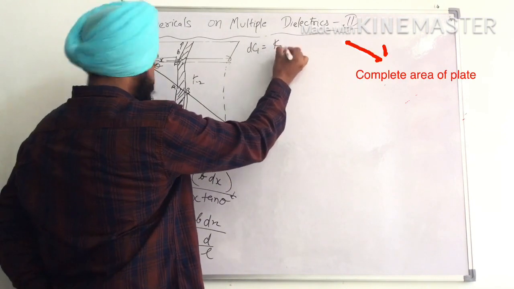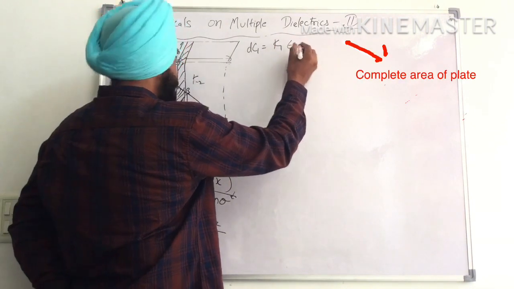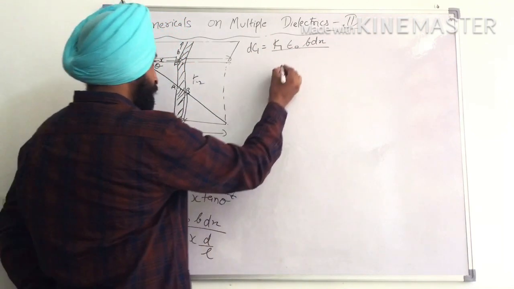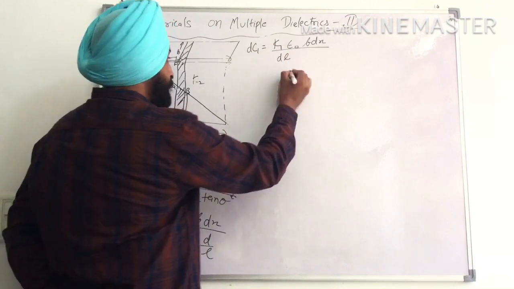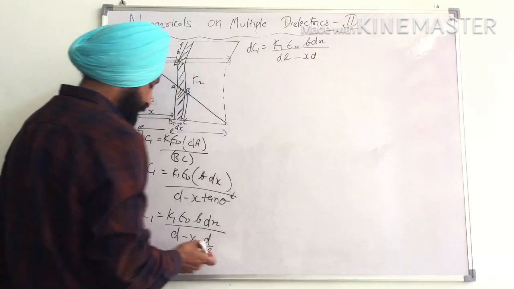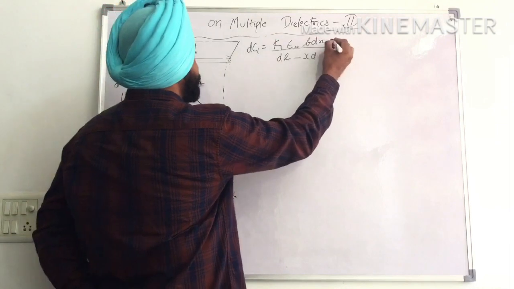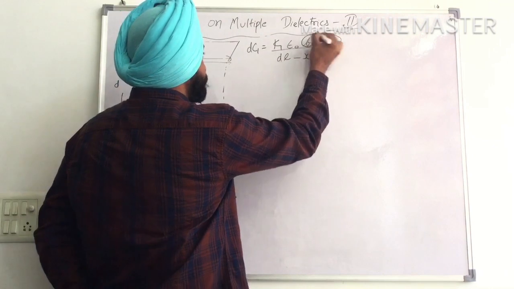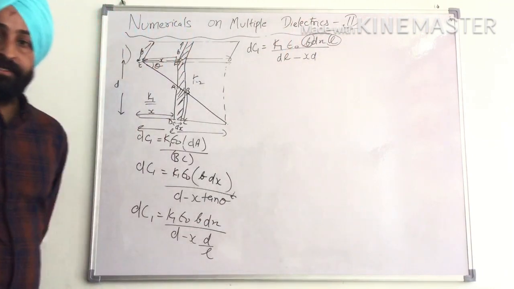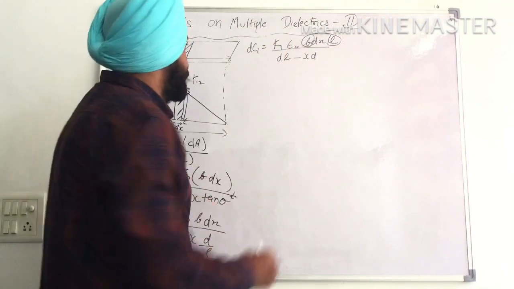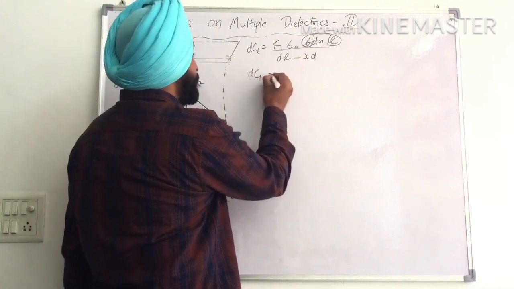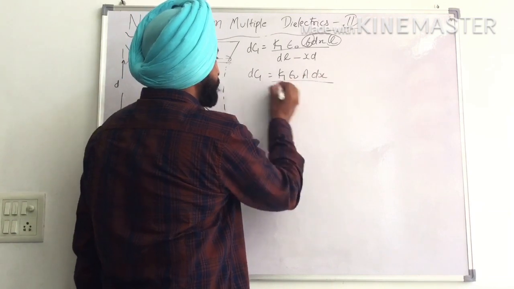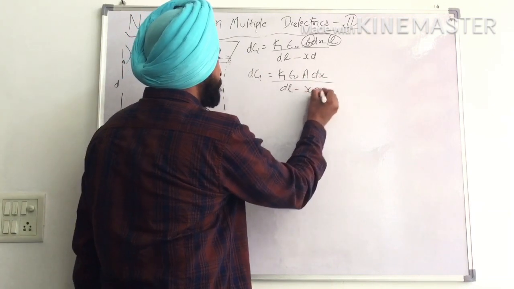We can write it as K1 epsilon naught B dx over DL minus xD, and this L will go over here. And now we know L into B, length into breadth, this will be the area. So we can write dC1 as K1 epsilon naught A dx divided by DL minus xD.